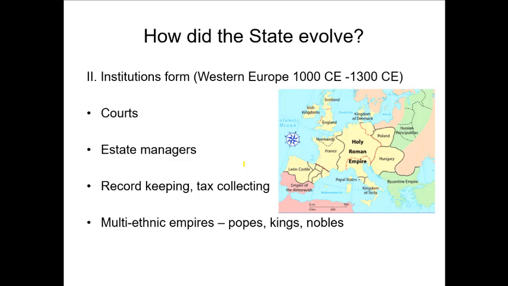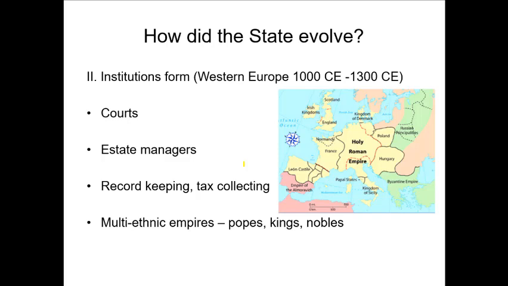The court systems, the trial systems, jury trials, the estate managers that would run the property, the record keeping that was the forerunner of bureaucratic processes and tax collecting, and we start to see multi-ethnic empires start to form in these regions that were run by popes and kings and nobles.